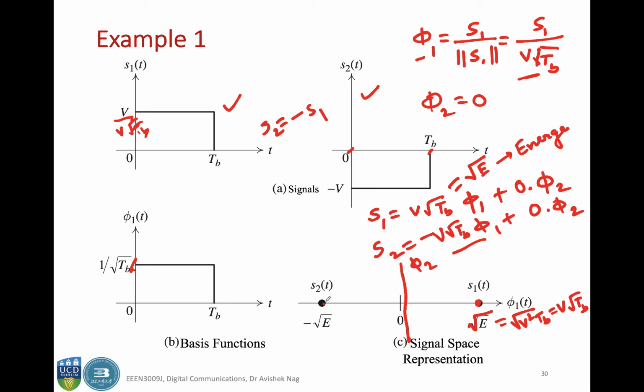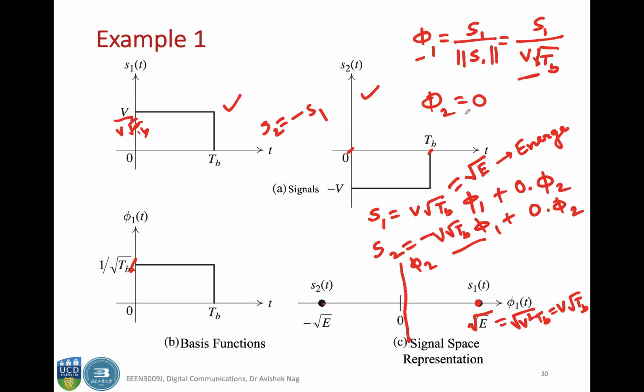So you can represent these two signals on the two-dimensional signal space, but you don't really need phi 2. You can have all the signals along the phi 1 direction. So this is how, given a set of signals, you can work out using the Gram-Schmidt procedure the values of your phi 1, phi 2, or if you need more basis functions, phi 3, phi 4, etc. As you see, the stopping criterion is wherever you get a phi i equal to 0.